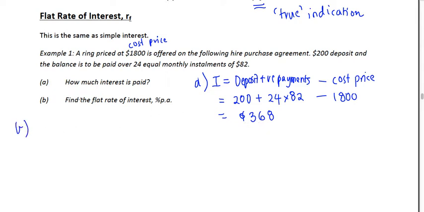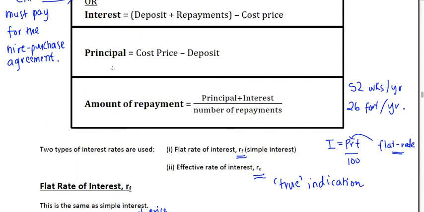Secondly, we're asked to find the flat rate of interest. So first of all, we've got the interest, that's $368. To be able to use my simple interest formula, remember I is equal to PRT over 100, I need the principal. Now don't forget, principal is cost price minus the deposit.